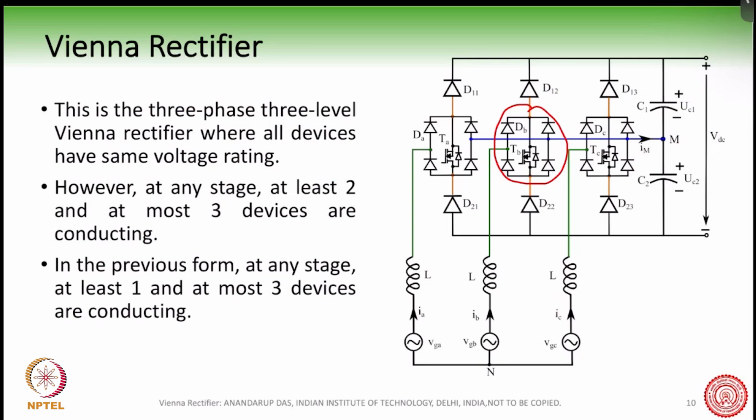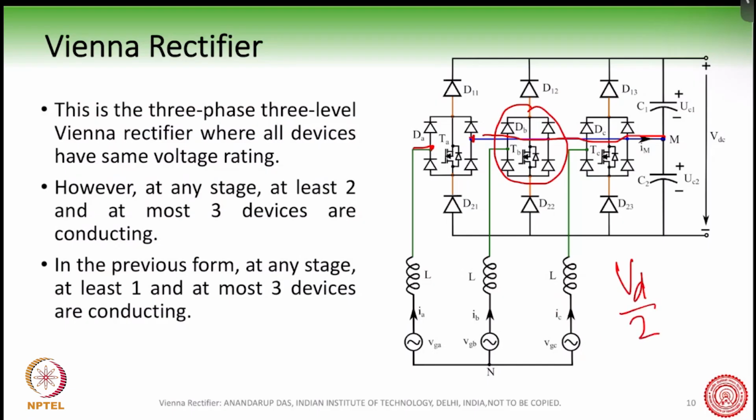Here you can see that this point is connected here and this point is connected to the middle here. So we have now introduced the 4-quadrant switch inside one leg of the converter. What is the advantage? Now all switches and diodes, everything, have a rating of VD by 2.